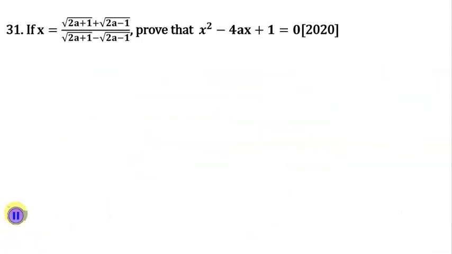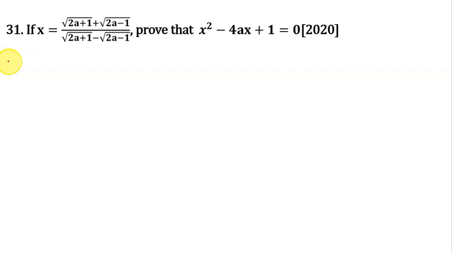Now for the next problem, if x is equal to (√(2a+1) + √(2a−1)) upon (√(2a+1) − √(2a−1)), prove that x² − 4ax + 1 = 0. This example was asked in a 2020 examination.